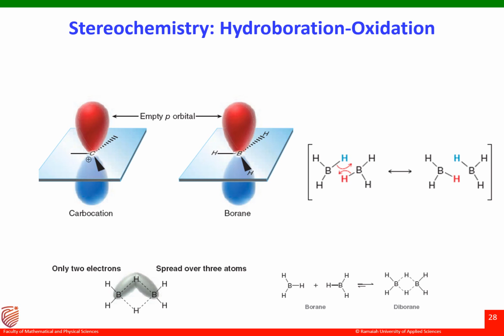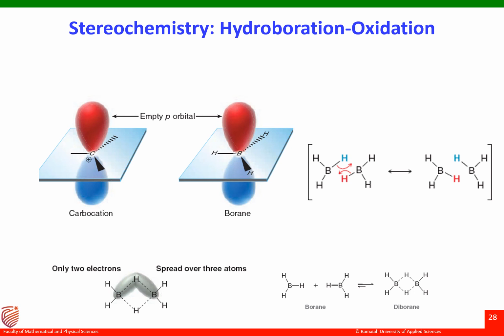The dimer is believed to possess a special type of bonding that is unlikely to happen in any other molecule. We have also written the resonating structures there. So you can see that 2 electrons are spread over the 3 atoms.